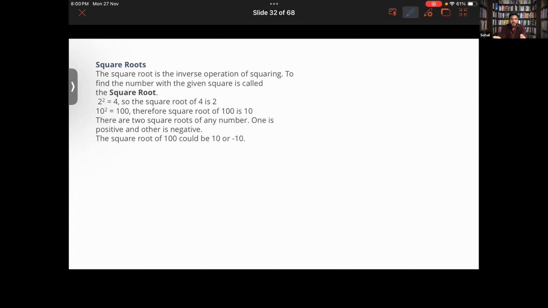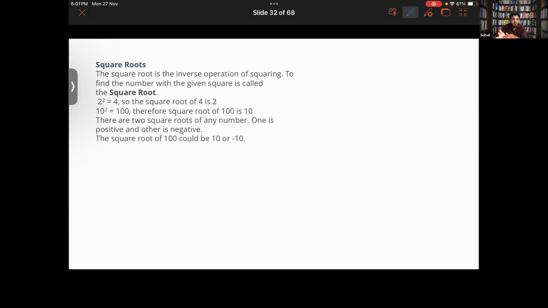For example, 9. हमने 9 के square को find किया, that is 81, right? That is a square. अब हम इसका inverse करते हैं. If you were to do the inverse operation of finding the square of a number, that is called the square root basically, right?